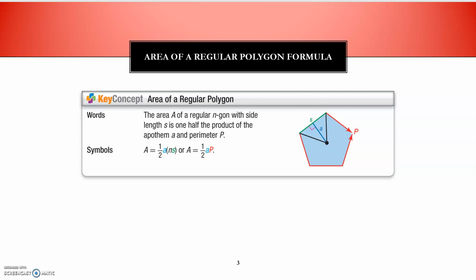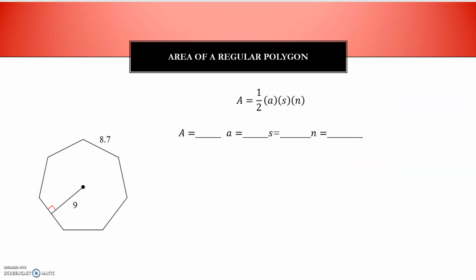All right, so we're going to talk about how to use this formula to find the area of a regular polygon. So if you have something like this, my usual tips for formulas always apply. Take the formula, 1/2 times apothem times side length times number of sides, and I'm going to explain why I switched those two variables when we get to it.